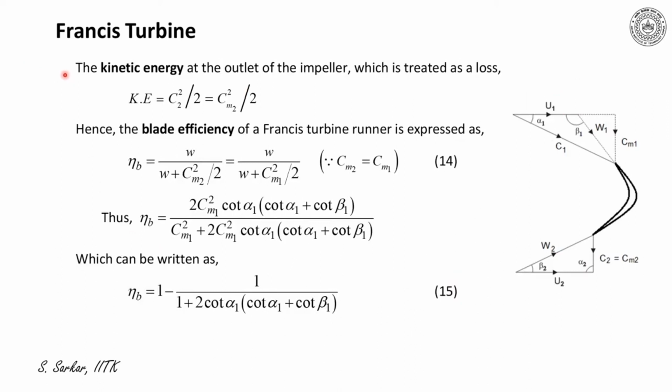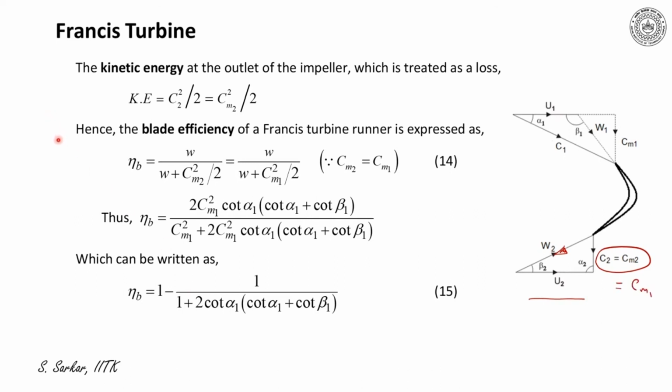Now the kinetic energy at the outlet of the impeller can be treated as loss. Thus the kinetic energy at the exit is equal to C2 squared by 2, that must be equal to Cm2 squared by 2. Thus, please note the exit velocity triangle, and C2 would be equal to Cm2, and that would also be equal to Cm1.